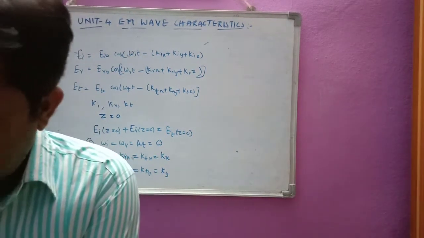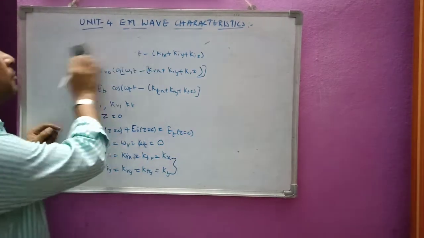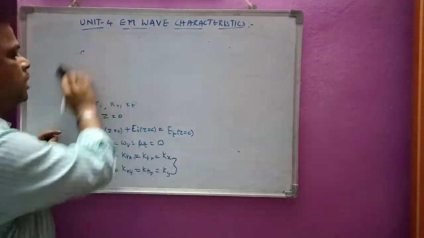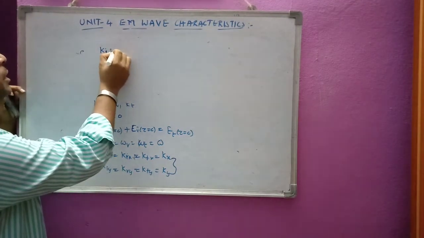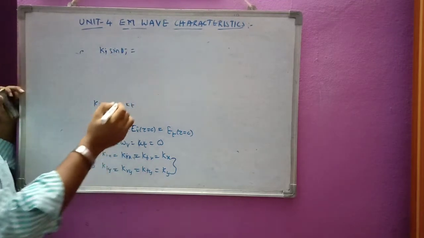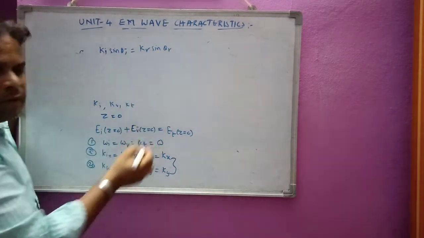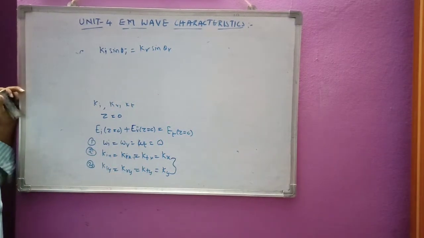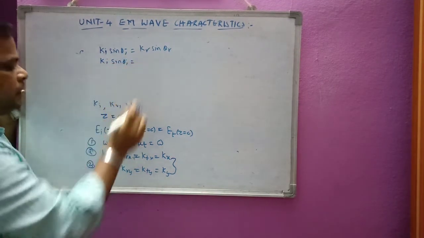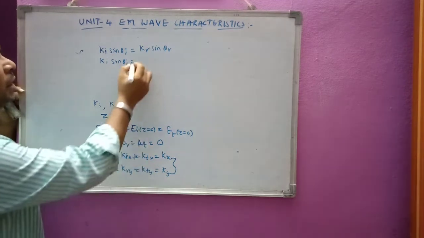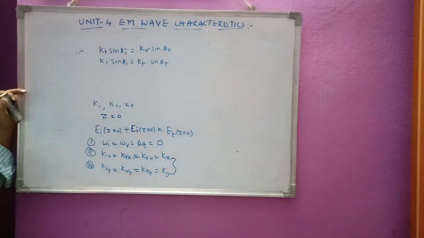Now by taking conditions 2 and 3, I can write here ki sin theta i, where theta i is the angle of incidence, is equal to kr sin theta r, the angle of reflection. Similarly, as the second condition, ki sin theta i is equal to kt sin theta t, where theta t is the angle of transmission. So these are the two conditions we are going to have.